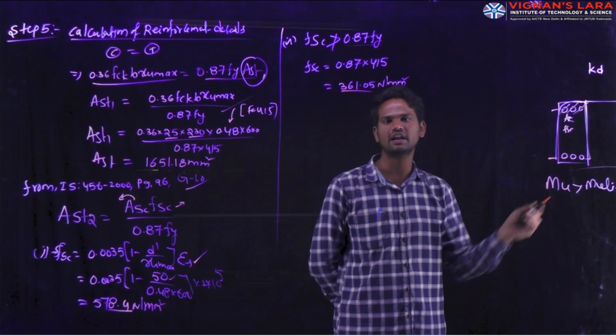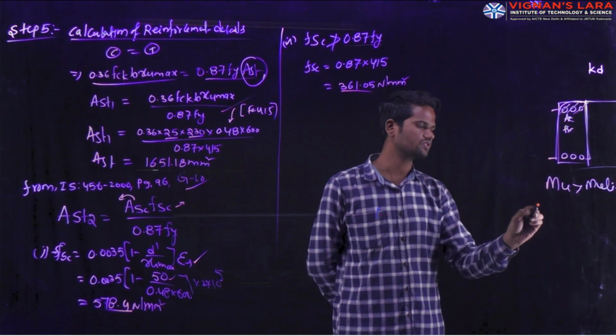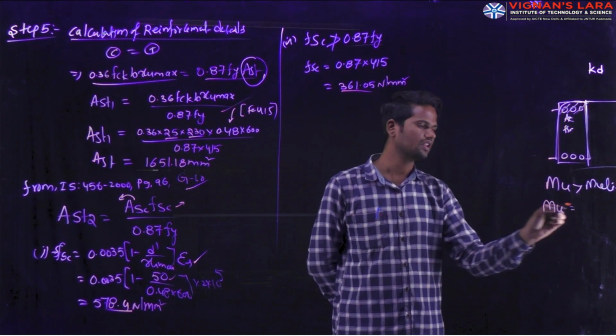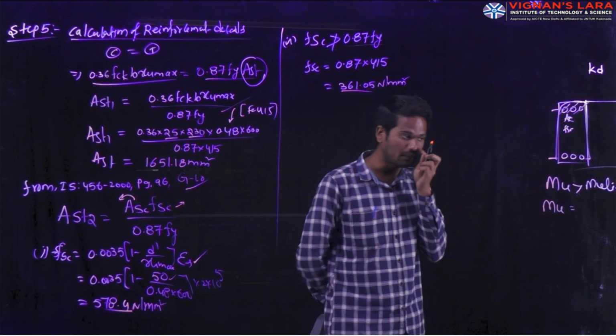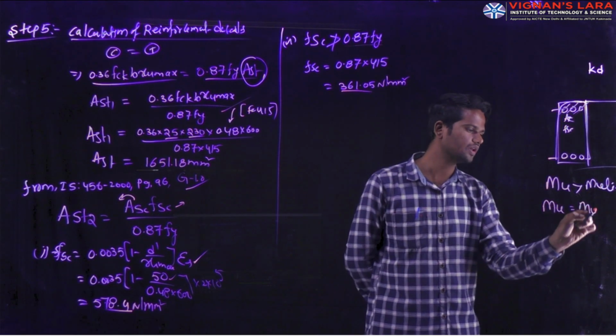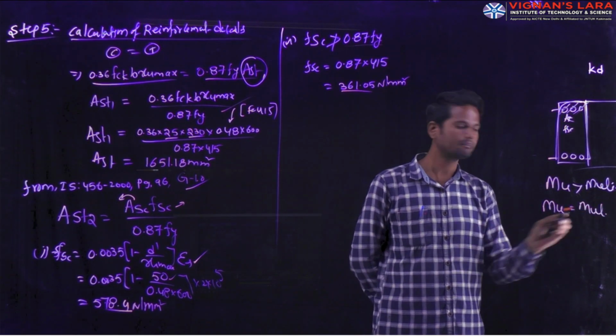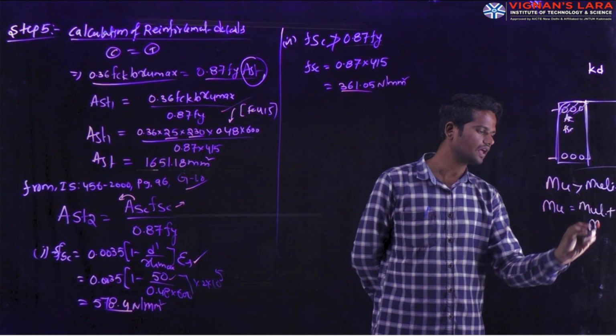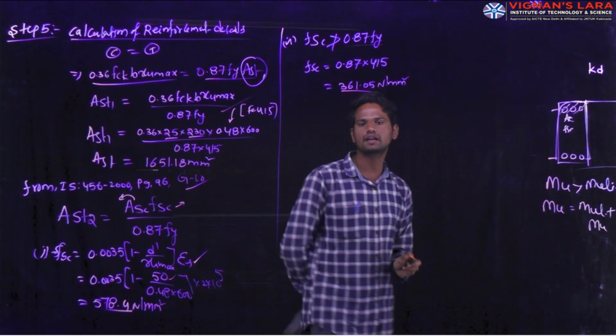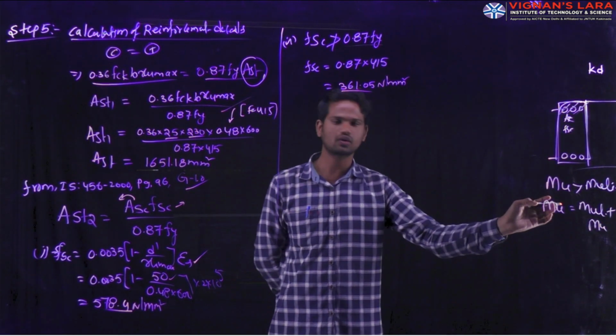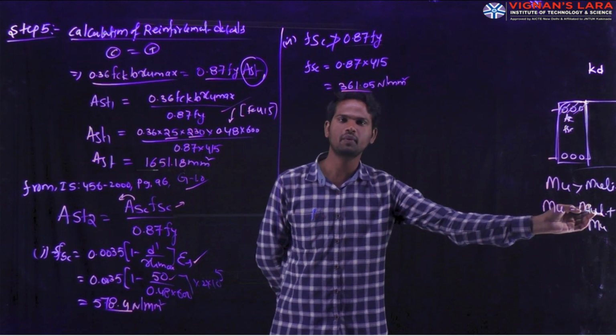That moment we are naming as Mu2. The total moment acting on the beam, Mu, equals Mu limit plus the additional moment.